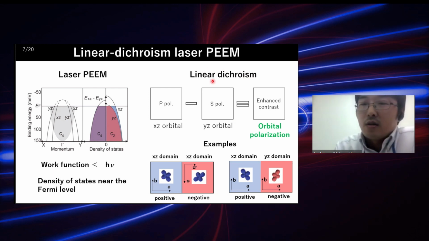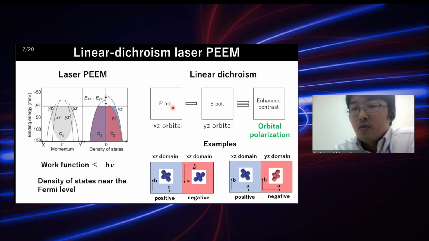This linear dichroism, LD, is usually done like that. We can take two images using linearly polarized laser, P and S. Then by taking the difference between them, we can emphasize the contrast of the images.